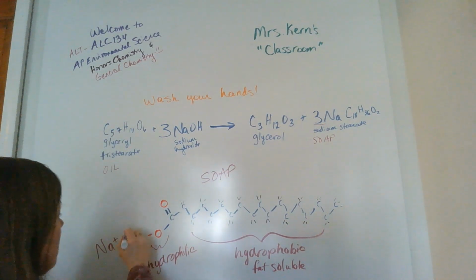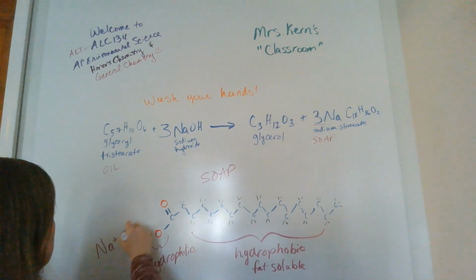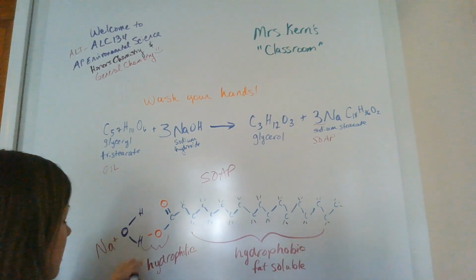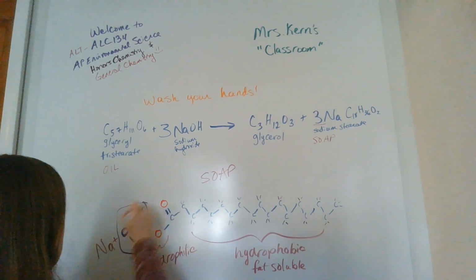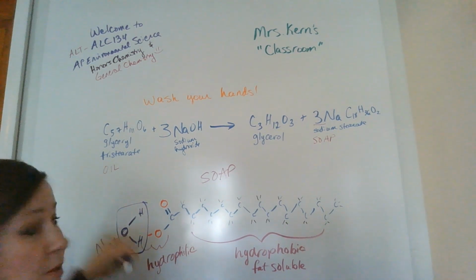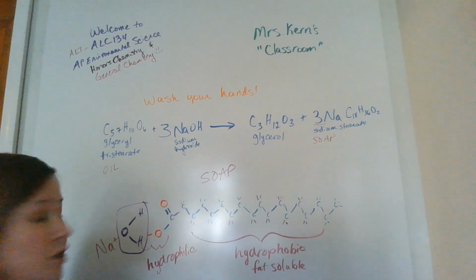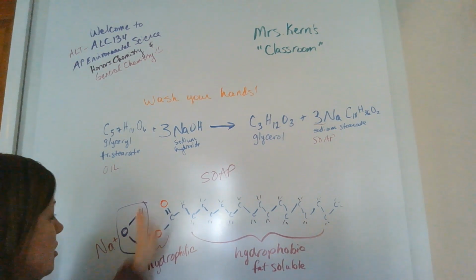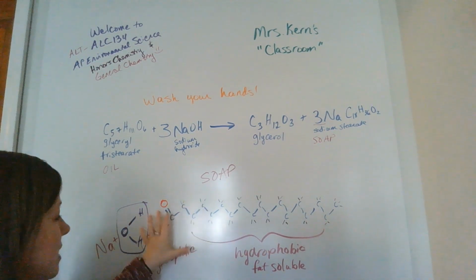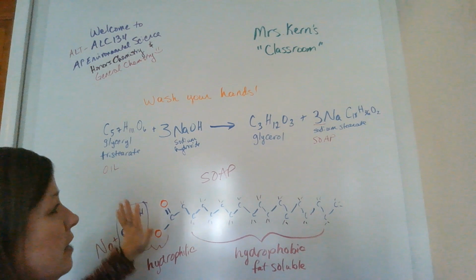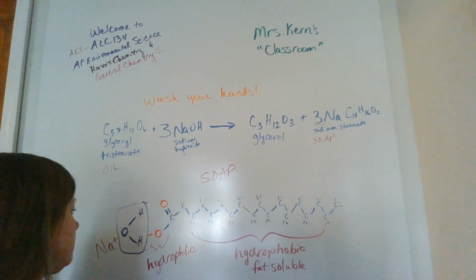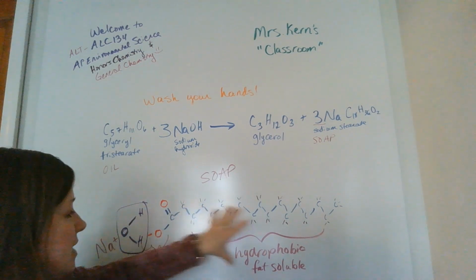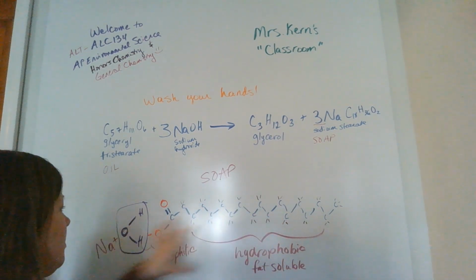That means if there's a water molecule around, it's going to be oriented something like this, where its partial negative charge, it's a polar molecule, is going to be attracted to the sodium ion, and its partial positive charge on the hydrogens will be attracted to the negative portion of the stearate ion. So water is going to break up these molecules, but also water is going to be attracted to the stearate ion, well, to both of them.